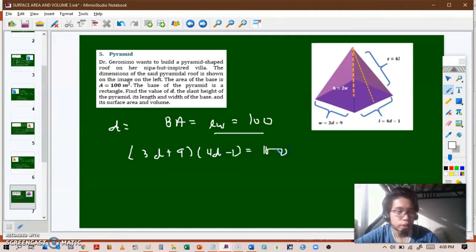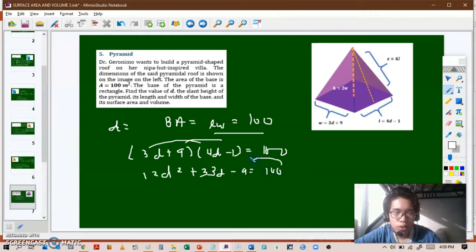Okay, and from here we can solve for the value of d by simply multiplying the binomials that we have. So that will be 12d squared plus 33d minus 9 is equal to 100. And from here we can transfer the 100 to the other side.